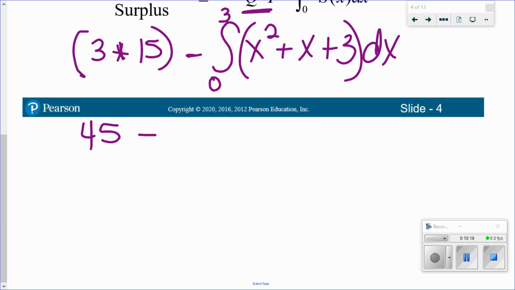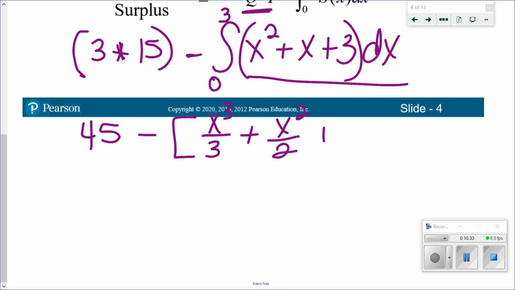We want to get a number for this section over here and then subtract that number from 45. So our antiderivative is x cubed over 3 plus x squared over 2 plus 3x. And we want to evaluate that at 0 and 3.